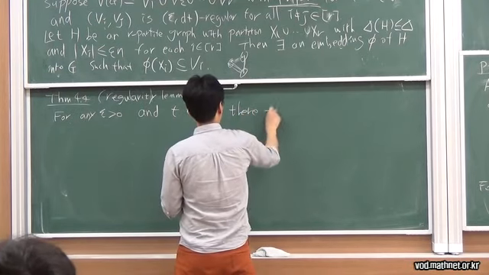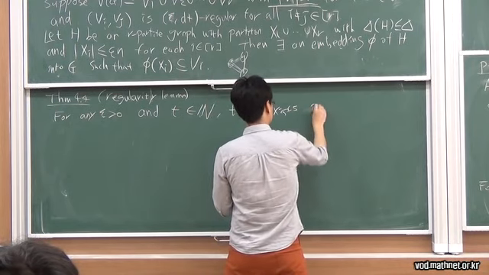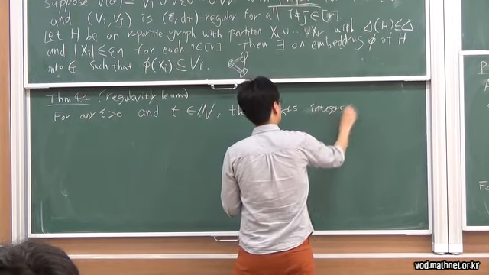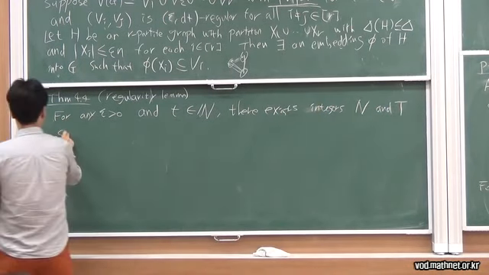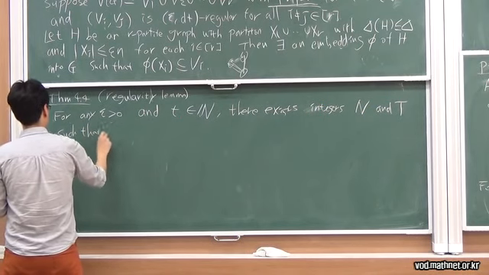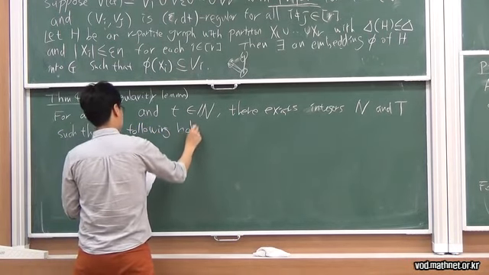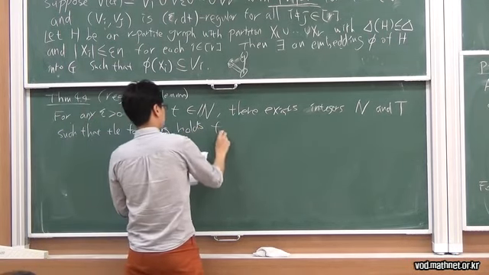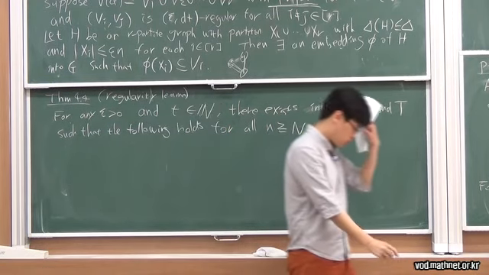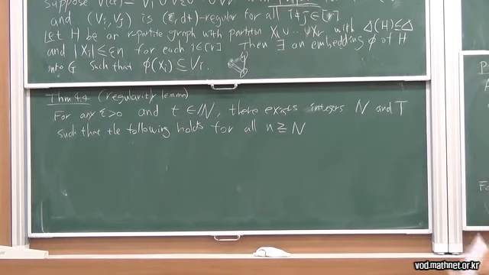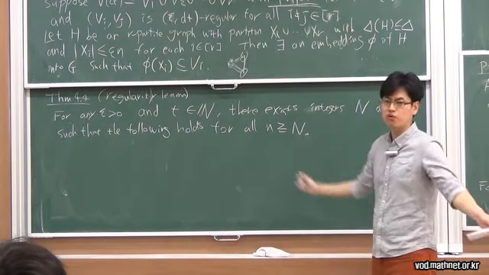Then there exist integers large N and T such that the following holds for all n at least this large N. So for all large graphs, n is again the number of vertices in G, and n at least this large means we have lots of vertices.